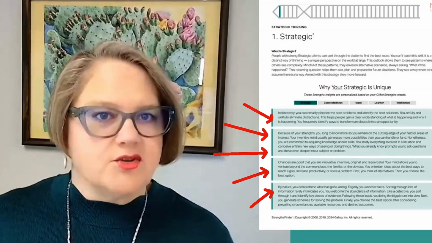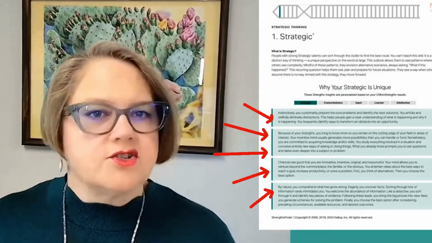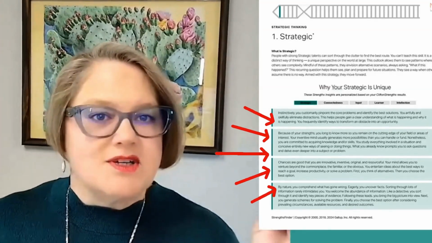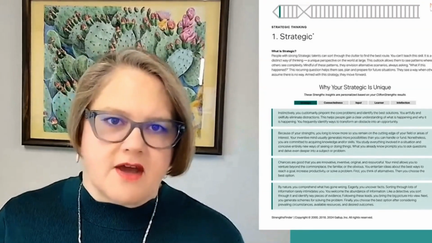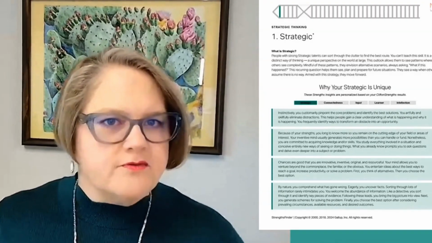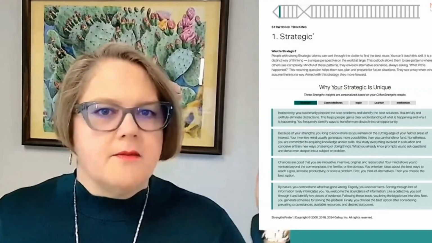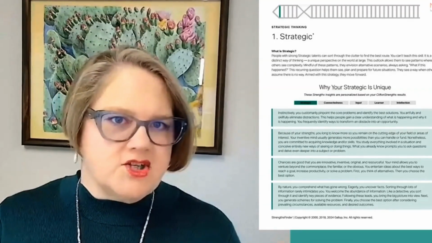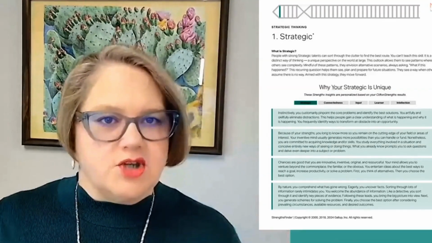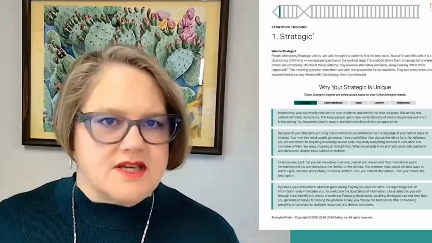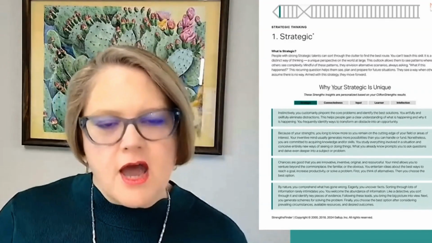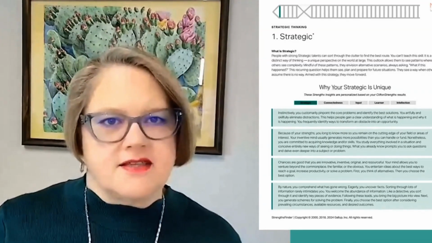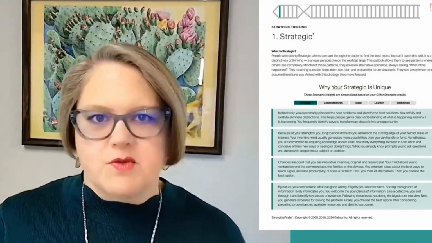This part down here in green, where it says why your strategic is unique, is going to be different for everybody. And I love this about the new top 5 report. This was true for part of the old report, but in this case, all of this information in green is unique to you. And it's based on how you took the assessment. It's based on how your other strengths interplay with strategic, but it's not going to look exactly the same for each person. Which is pretty exciting.